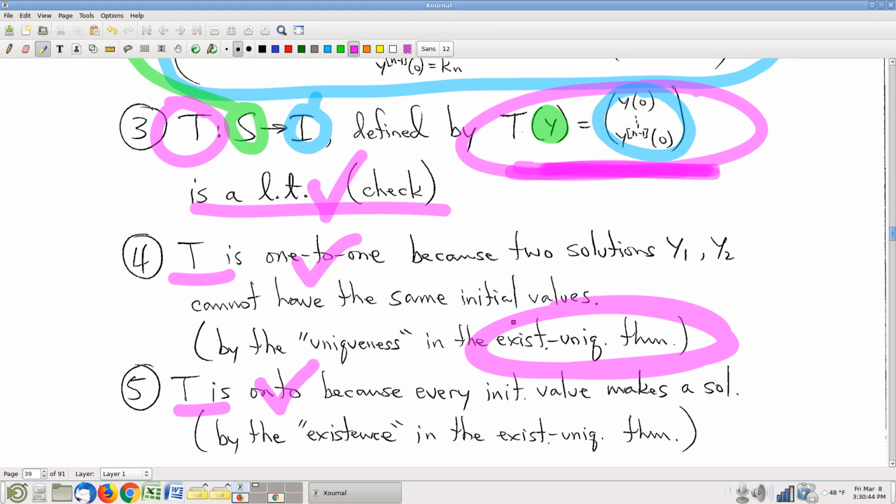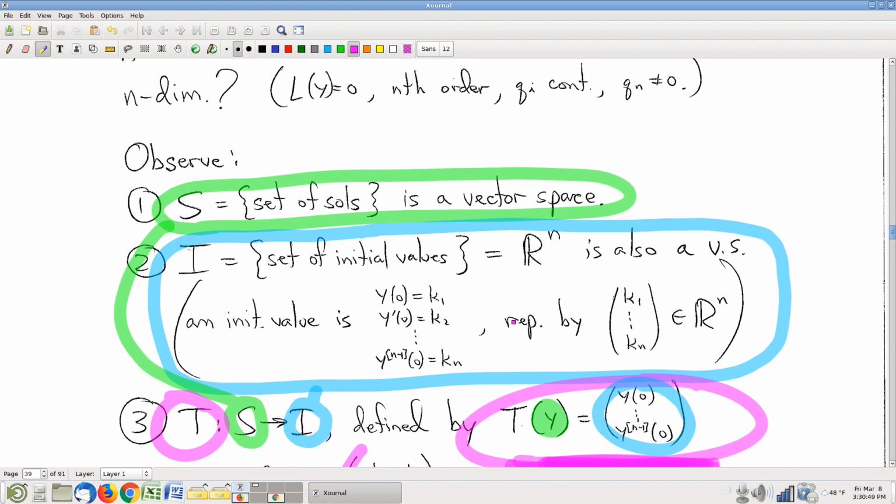Okay. Well, in this context, let's think about what that means. For every initial condition, so for every point in the target, there is a corresponding solution. Therefore, there is exactly one corresponding point in the domain. For every initial condition, there's exactly one solution. For every target point, there is exactly one domain pre-image.